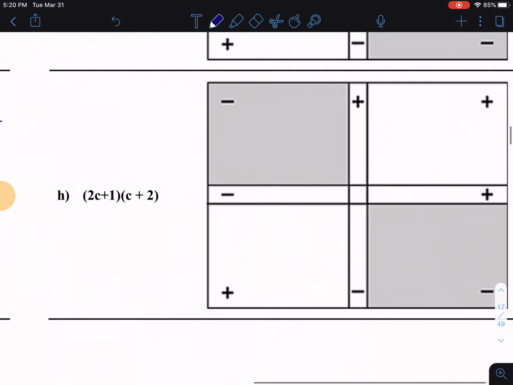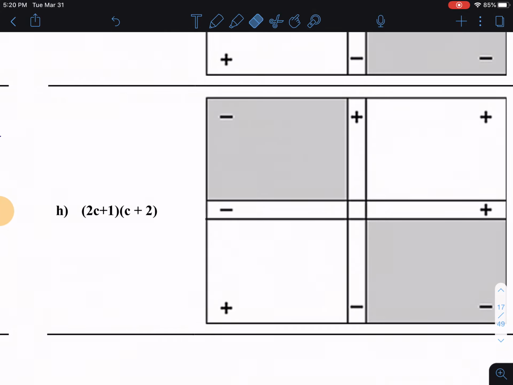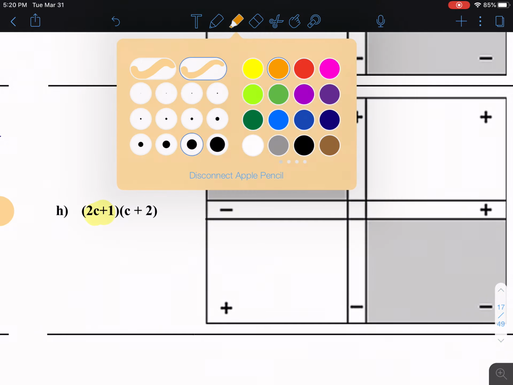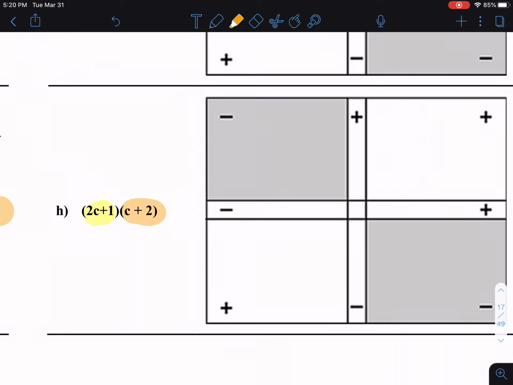But let's look at H. So with H, we have two factors. Let's say we have the 2c plus 1 on the vertical and c plus 2 on the horizontal. And I'm going to stick to drawing this. I think we've had a lot of practice with the physical Algeblocks themselves.